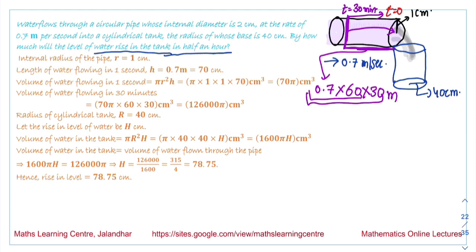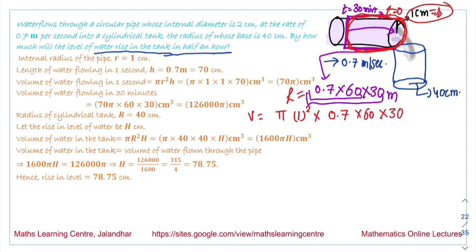So we are interested in the amount of water present in this pipe. We are talking about the amount of water present in this pipe when the value of h is equal to this and r is equal to 1 centimeter. So the volume we have is equal to pi into r square into h. The value of h we have is 0.7 into 60 into 30, this much meters.